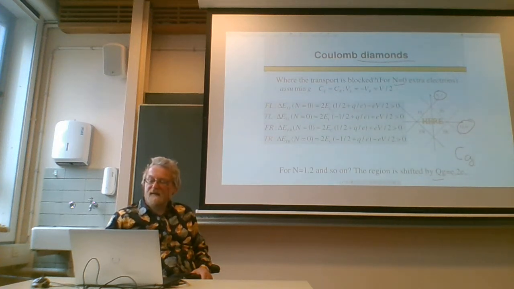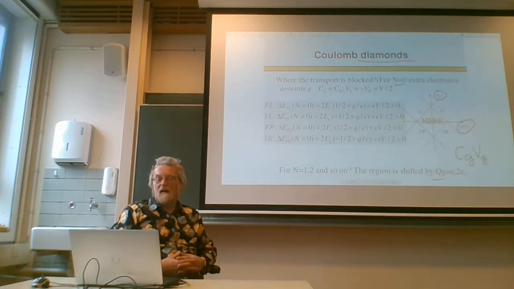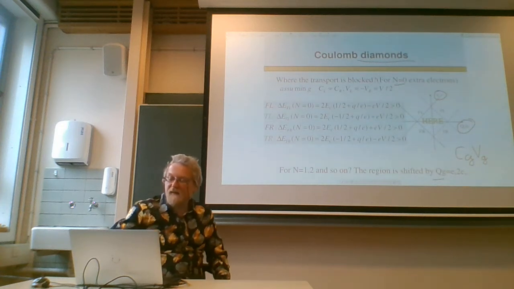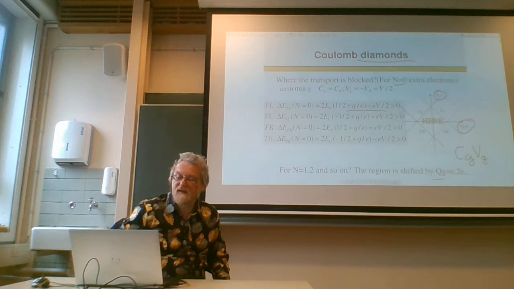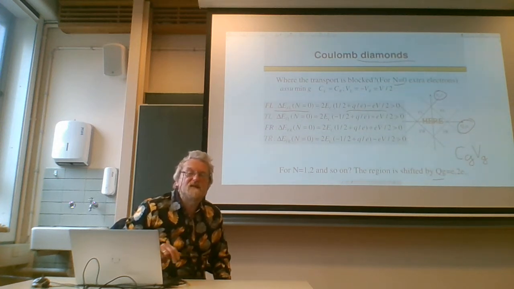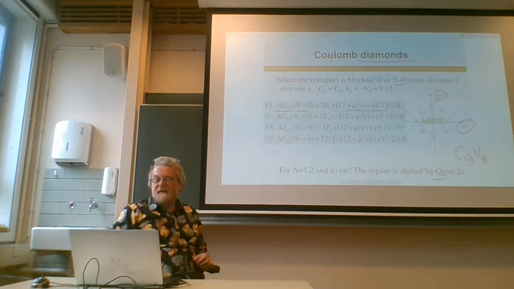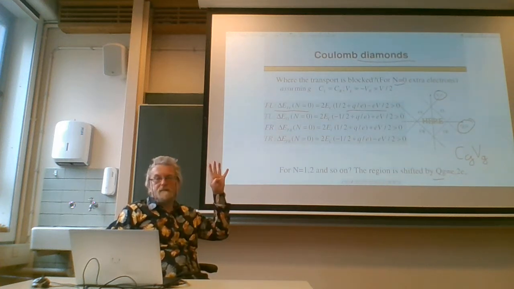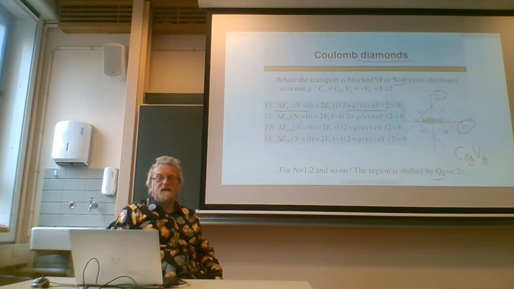So C gate, V gate it is. Right. All energy differences, as I said, are linear functions, which means each condition is presented by a line. I have 4 transfers. I have 4 conditions to fulfill.